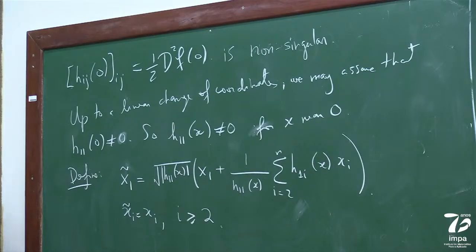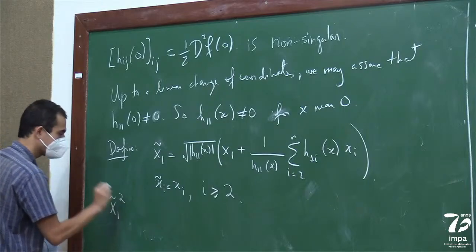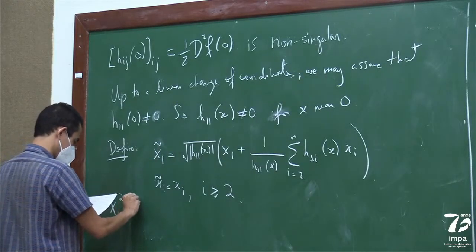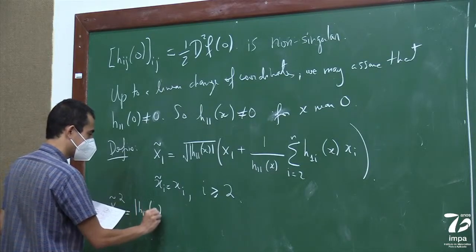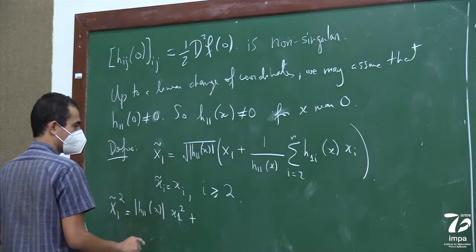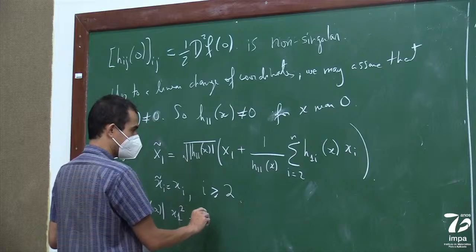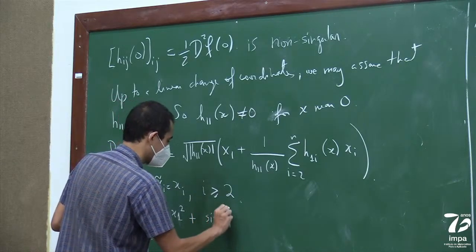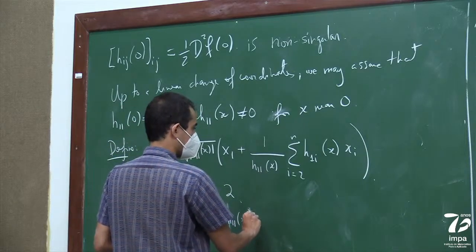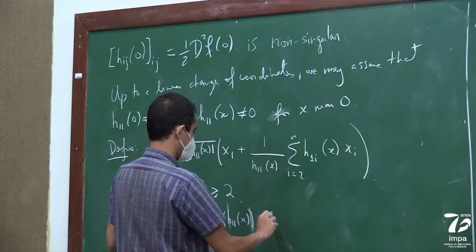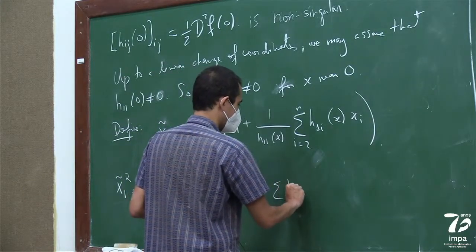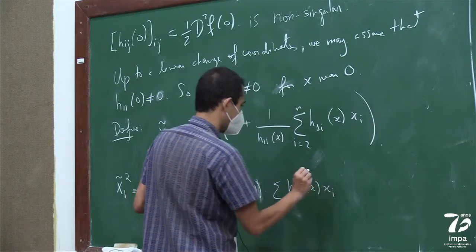So then what happens here is when I take x1 tilde squared, this is going to be equal to basically the absolute value of h11 of x times x1 squared, plus, now I have the sign of h11 of x times 2 times the sum of h1i of x, xi, x1.